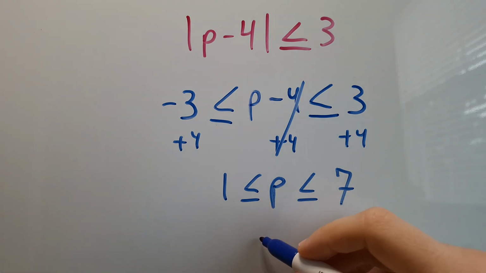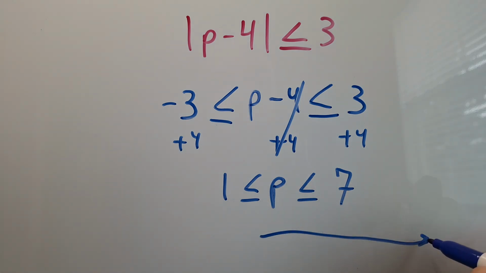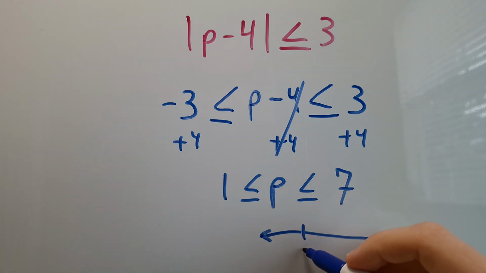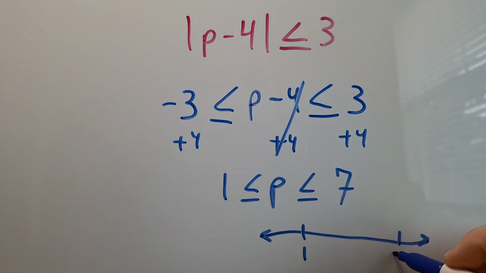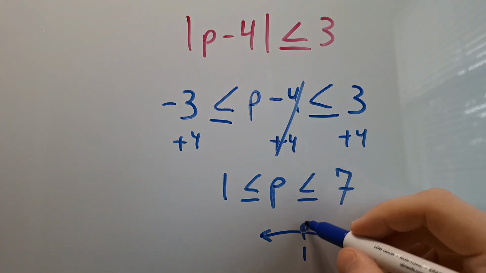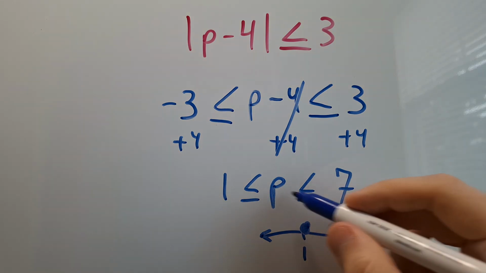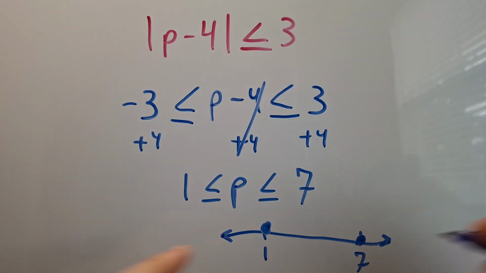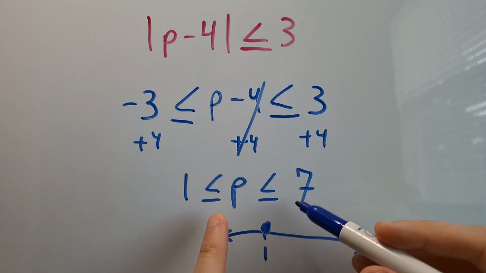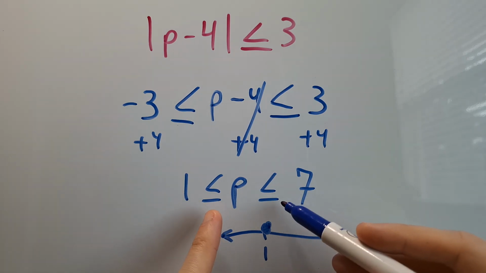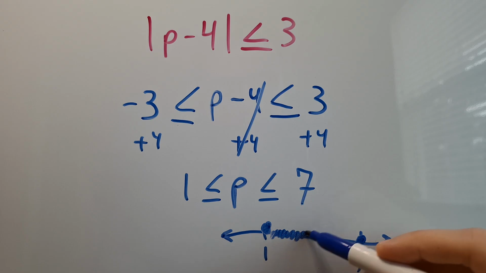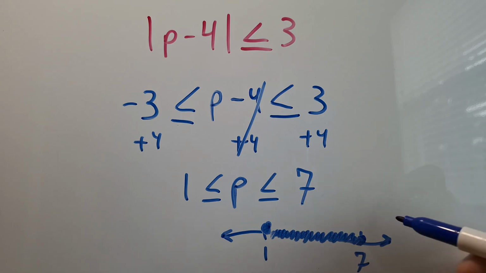How this looks on a number line, we have +1 here, +7 over here. Inclusion, because we have the or equal to representation. That was a very terrible number line representation, like drawing, but the gist of this is saying any value in between 1 and 7 inclusive is a solution to this inequality.